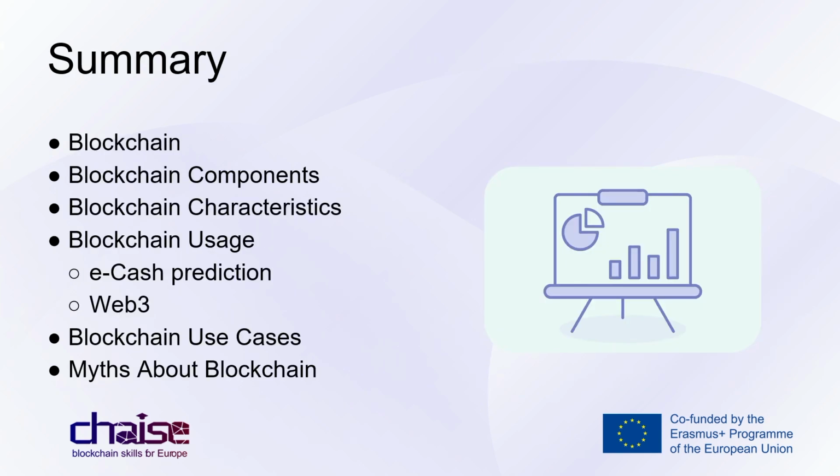So in summary, in this lecture we discussed blockchain, and we explored different blockchain components and blockchain characteristics, and these components and characteristics are bringing new technology and new concepts within different application domains to build decentralized applications. We also explored blockchain usage, where we checked an eCash prediction which was made 10 years ago, and also some concepts emerging within blockchain or decentralized applications, for example Web3.